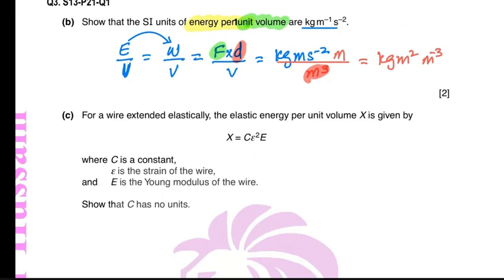Then it will be simplified to s^-2. So kg m^2 m^-3 s^-2.